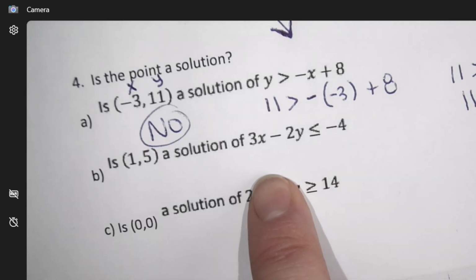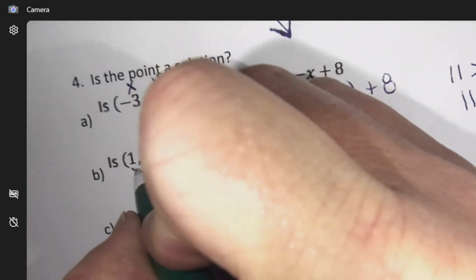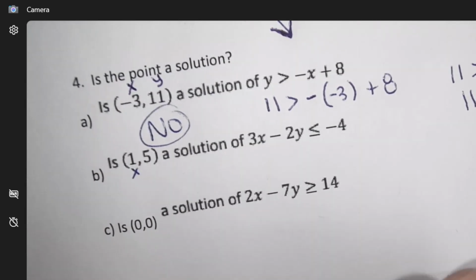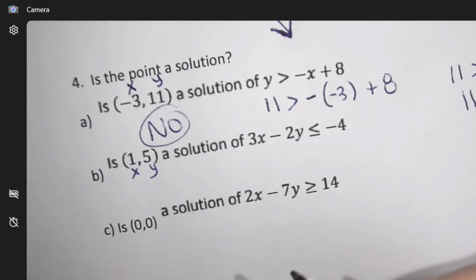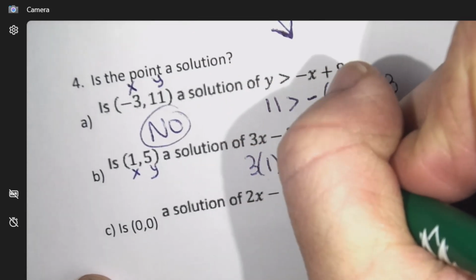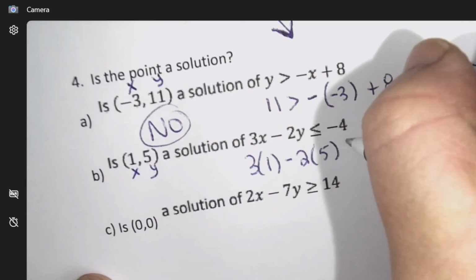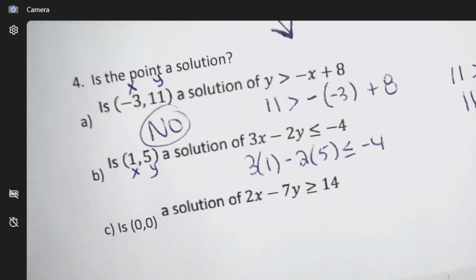Okay, next one I'm going to plug in. So again, make sure your x is 1 and your y is 5. I might have things all switched around, so make sure you're putting the plugins into the right letters. So there's my plugins.